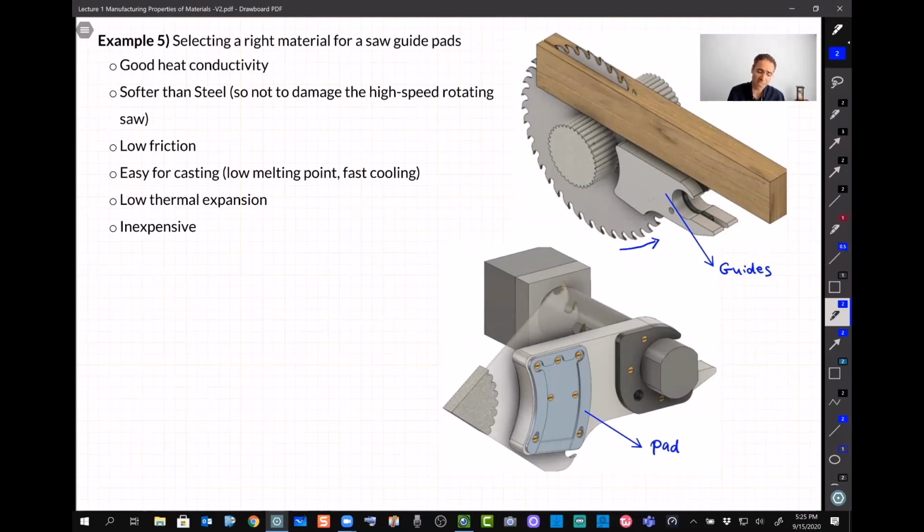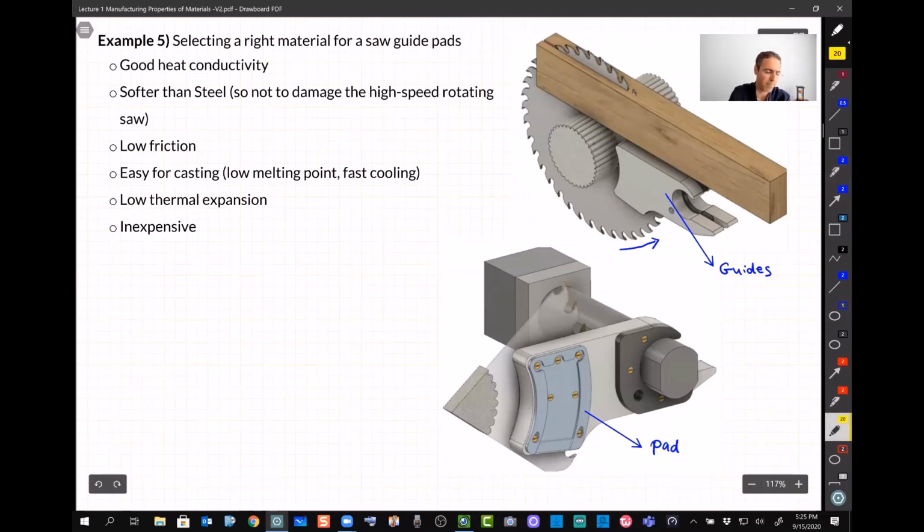I move it so you can see from this picture what I mean by the pad. So this pad, again, is at the two sides of the saw, and its main function is to be like a bearing for this saw, right? It's a bearing.